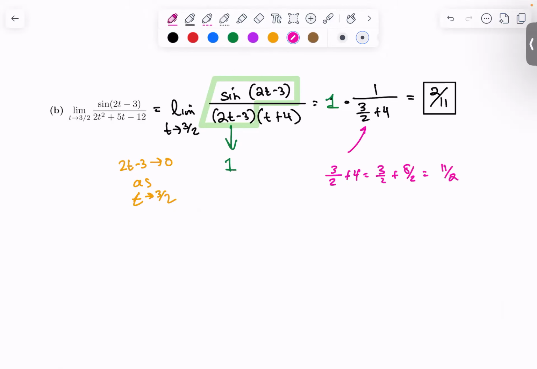And so we're doing 1 divided by that. So you flip and multiply, that's where we get the 2/11. So 1 divided by 3/2 plus 4 is equal to 1 over 11/2, which is 2/11. Yeah. Excellent.